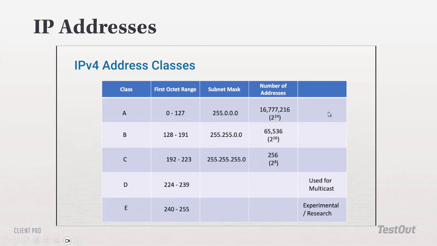So it's actually 2 to the 24 minus 2, and then at least one has to be for a router. But sometimes when you see a -2 somewhere, if you're looking at other resources related to the internet, that's what they're talking about, because you can't use all zeros and you can't use all ones. And sometimes the numbers differ depending on your subnet mask.